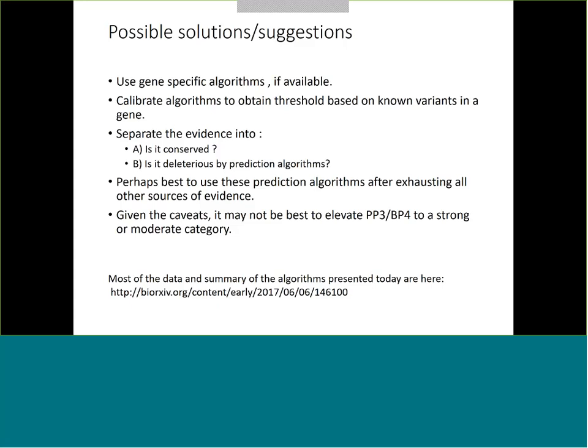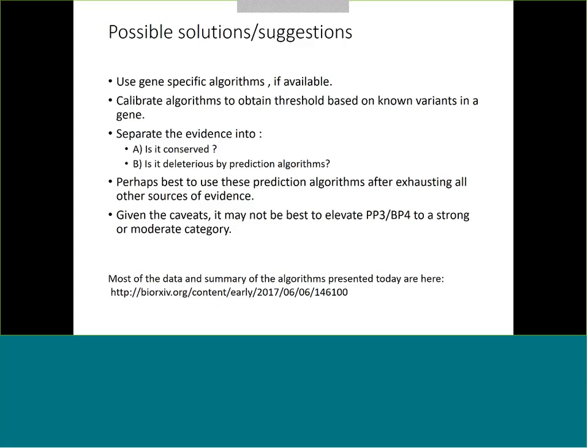And then there is this, given that the conservation metrics do not really cluster at all with the other functional predictors, so probably best to ask if this is conserved, and then separately ask if it's deleterious by prediction algorithms. And then it's best to use prediction algorithms after exhausting all sources of evidence.